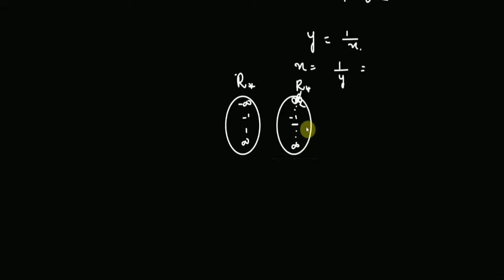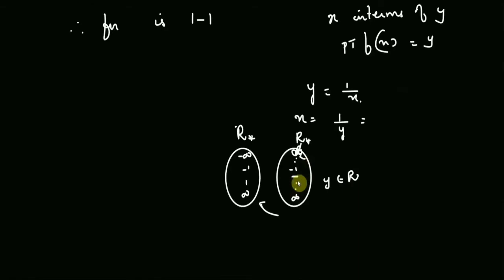Now any y you take in R*, can you find its reciprocal here? Only then we can say the function is onto. Any real number you take, its reciprocal should be here. Is it true? Yes.